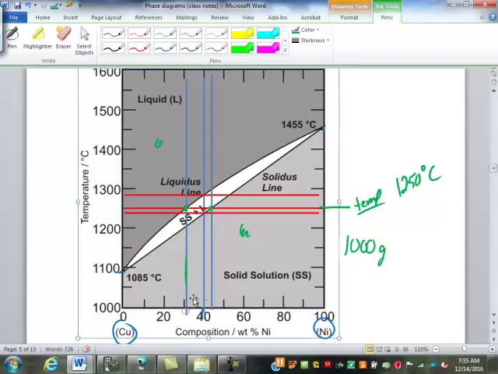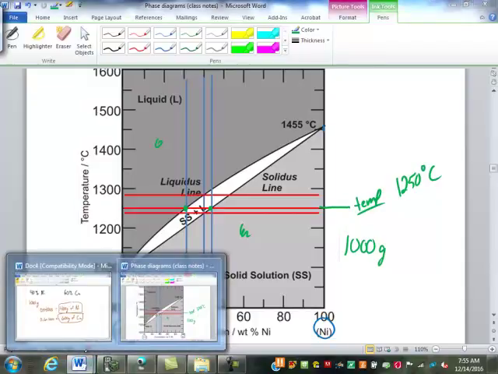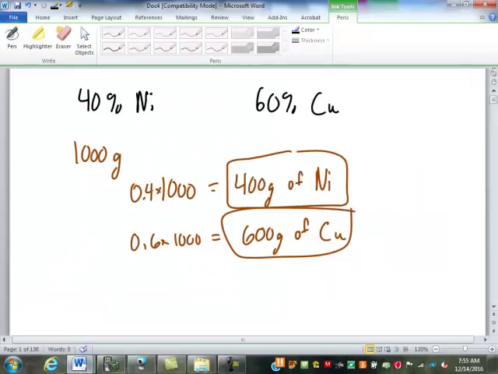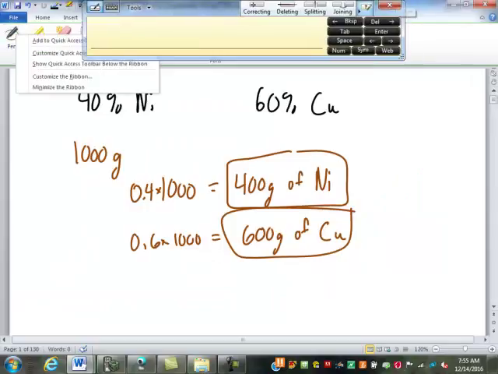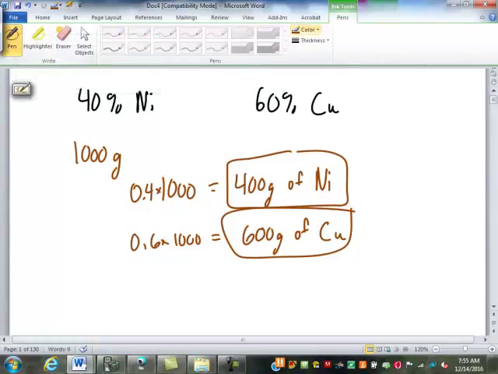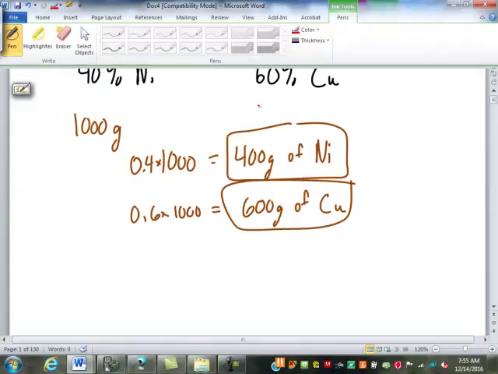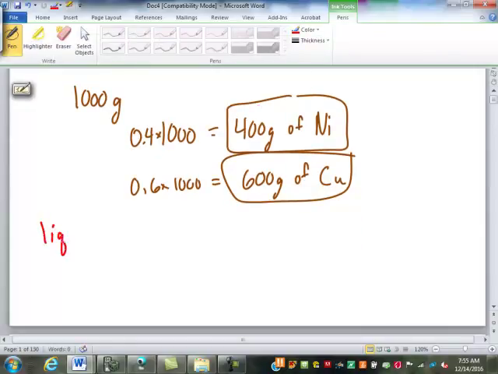Well, the liquid right here, what would you call that down there? About 31%? Does that look right? The liquid looks to be 31% nickel, so that makes it 69% copper.